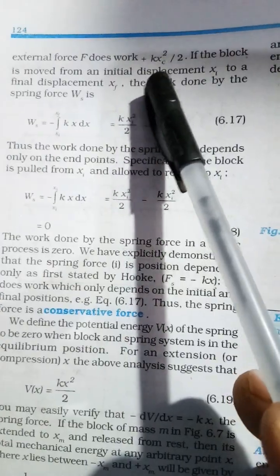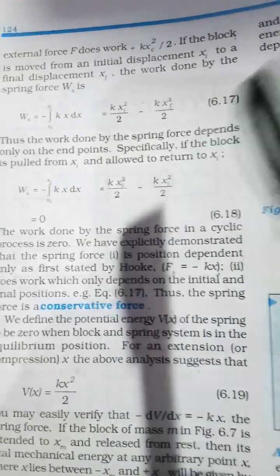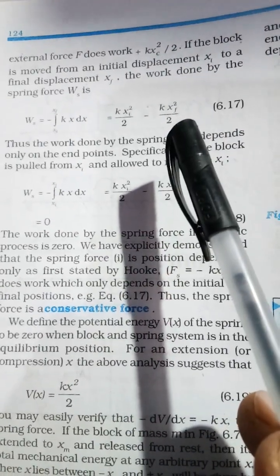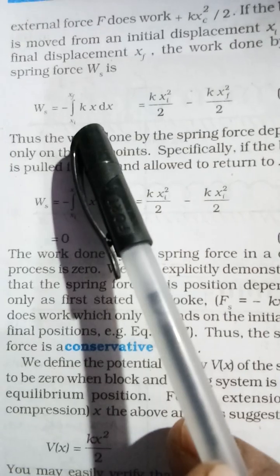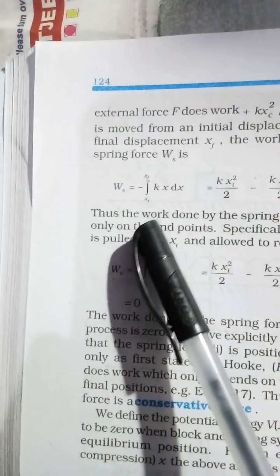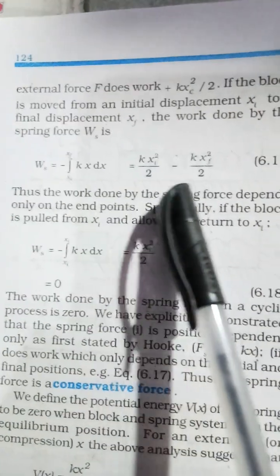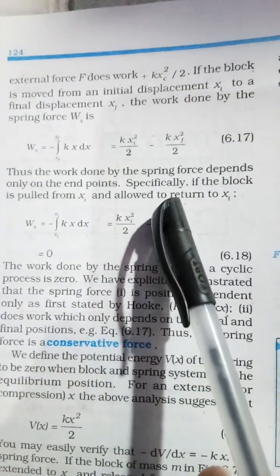External force F does positive work. If the block is moved from displacement xi to xf, the work done by the spring is Ws equal to minus the integral of kx dx from xi to xf. Thus the work done by the spring force depends only on the initial and final positions.